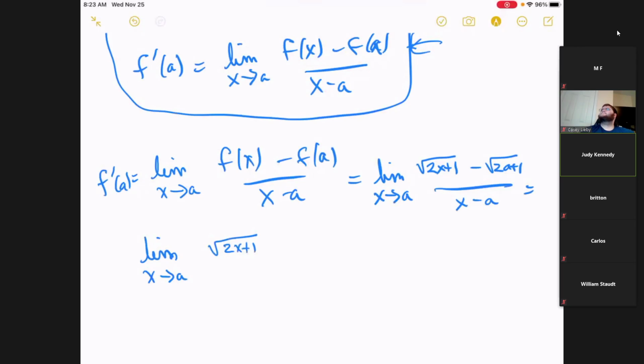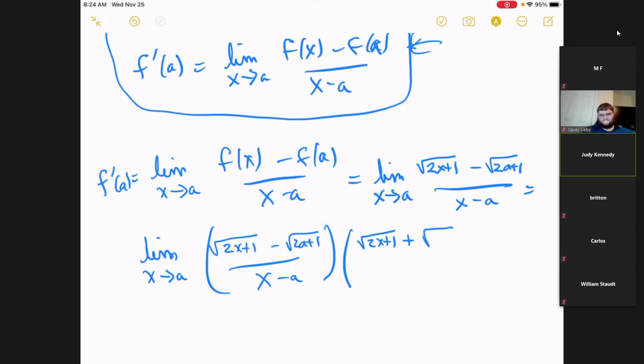So I'm going to take this, the same thing, but multiply by the conjugate of the numerator, which is the square root of 2x plus 1 plus the square root of 2a plus 1, over itself. I'm really multiplying by 1, which does not change my problem.